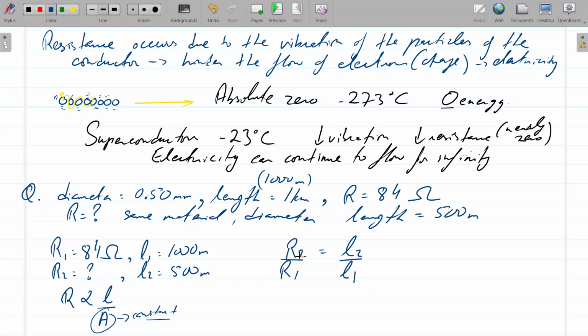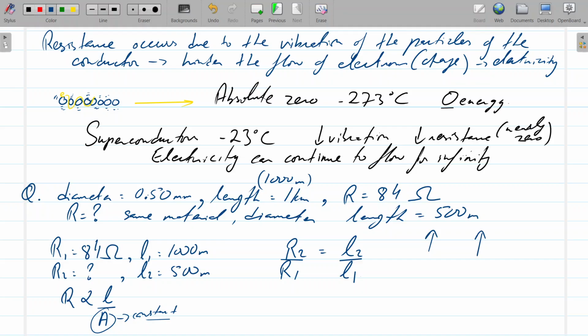Right, so the reason we're doing this is because the ratio is supposed to come out the same, right? Because it's directly proportional, so R2 divided by R1 is going to have the same value as L2 over L1. So when the length increases, the resistance increases to the same degree.